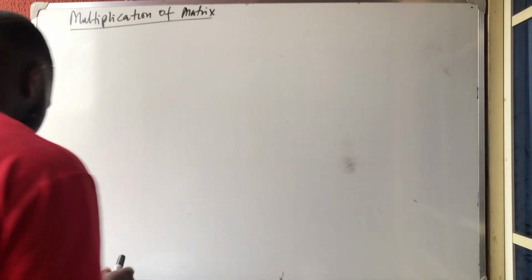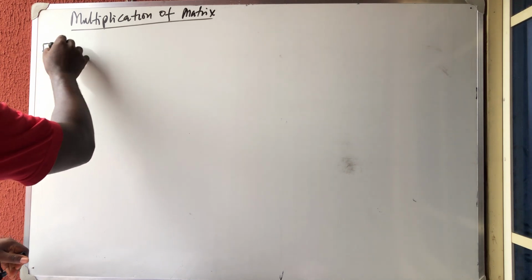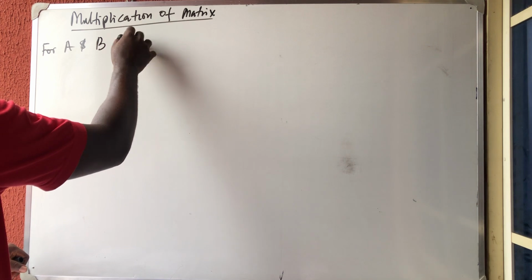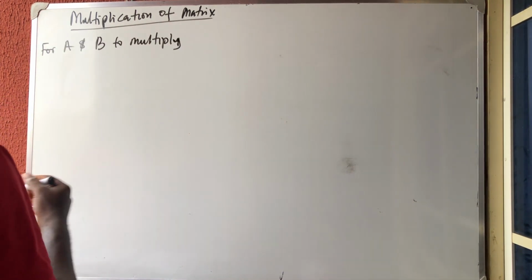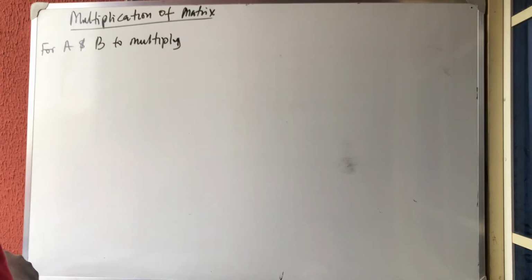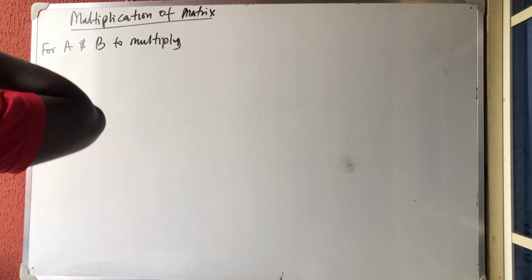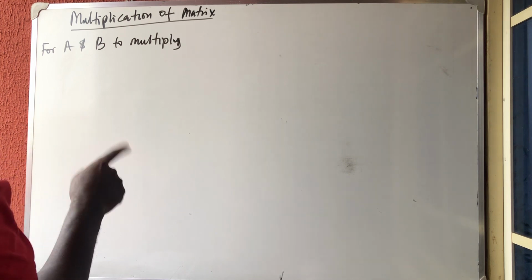In today's video, we'll be talking about multiplication of matrix. For any matrix A and B to multiply, unlike in addition and subtraction where the dimensions must be the same, in multiplication the dimension of the row should be equal to the dimension of the column.